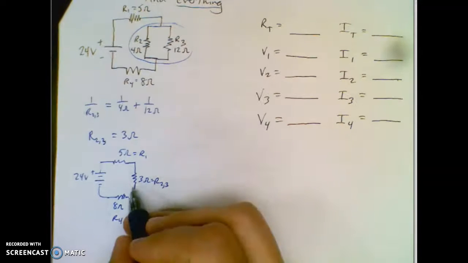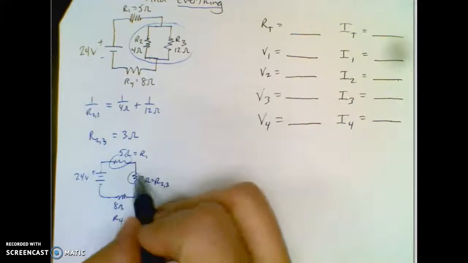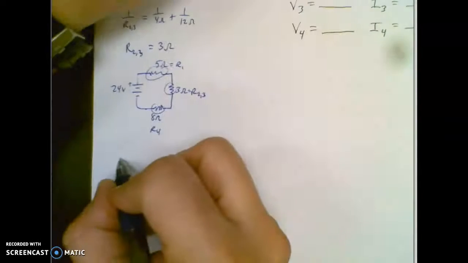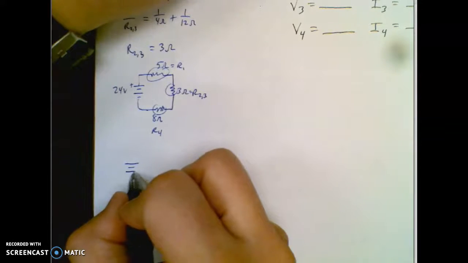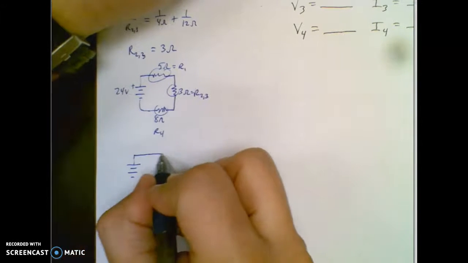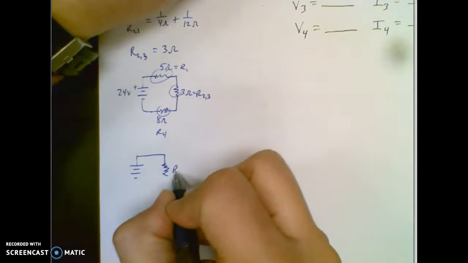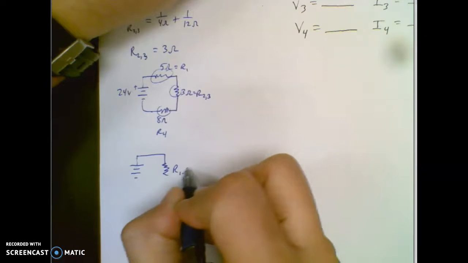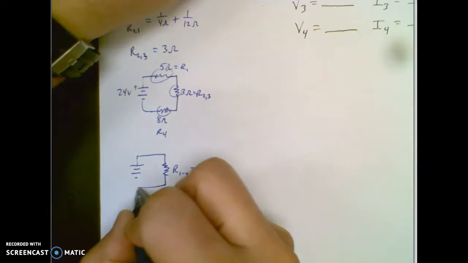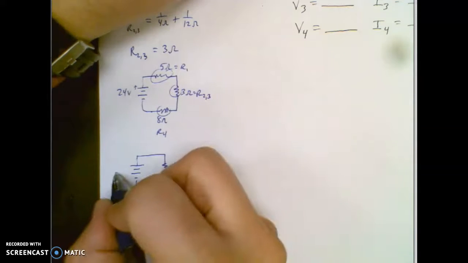And then we can take it even a step further and combine this one, this one, and this one. Now that they're all in series, they kind of add up. So we can draw the most simplified version, which is just a single resistor 1 through 4, and what it's equivalent to, also known as your total resistance.